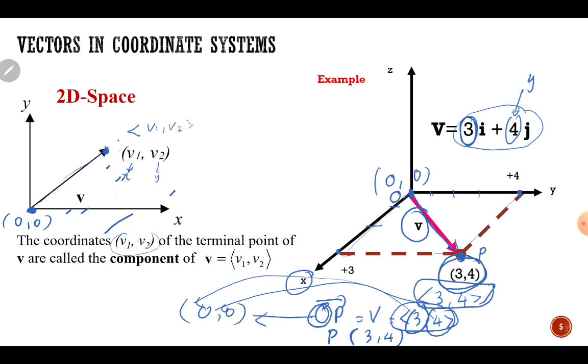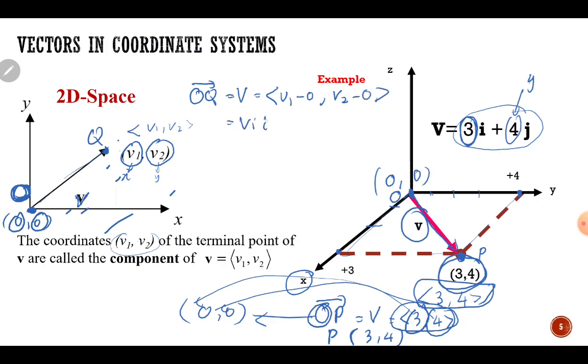Sama juga yang ni, V ni adalah point 0, di origin kita 0, katakanlah ni Q. So maknanya kat sini, vector OQ ni adalah sama dengan vector V, where the point is V1 tolak koordinat X ni 0, and V2 Y ni tolak dengan koordinat 0. So we have here V1i kalau nak buat macam ni, tambah V2j. Boleh faham tak?